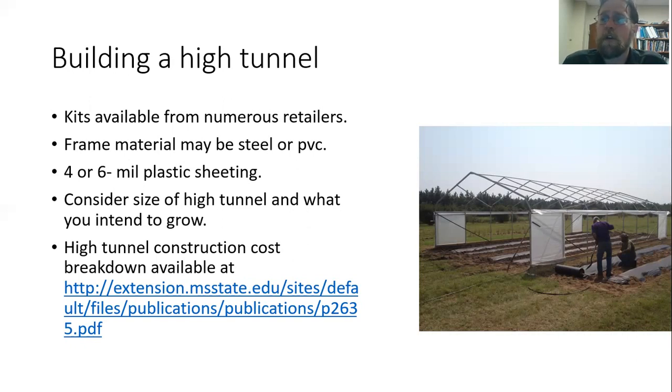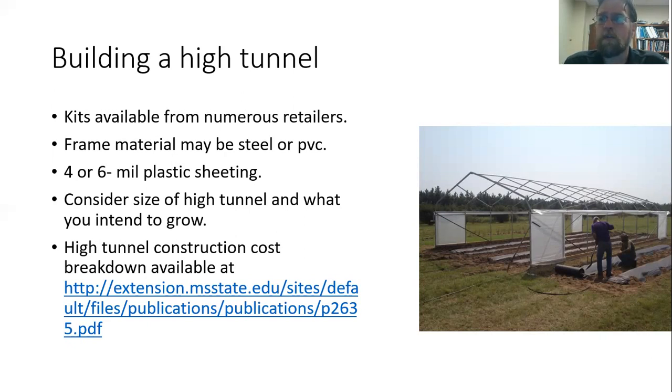And we do want to consider what size of a high tunnel we're going to build. As we increase size, we want to make sure that we have the production area that we're going to be putting inside of that high tunnel. And there's a really good breakdown of the costs of construction for a high tunnel that you can find in the link that's put here on the slide.